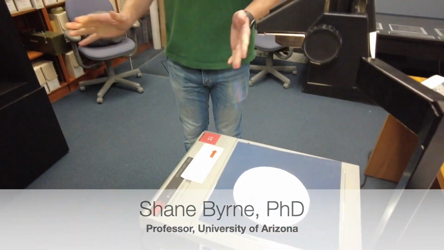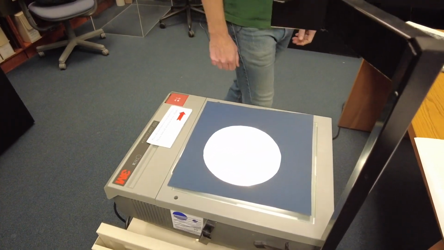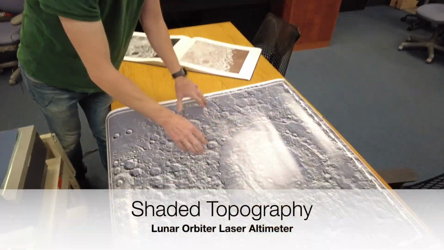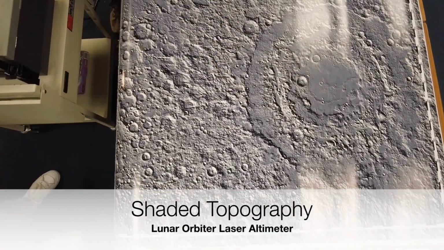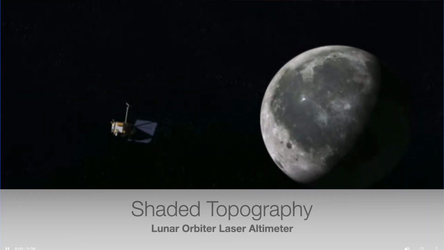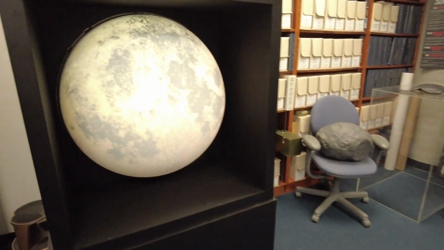So a truly enormous impact basin that, if you look at it from directly overhead, looks something like that, about 900 kilometers from rim to rim. But if you are looking at it right at the edge of the moon, it is really difficult to see at all.